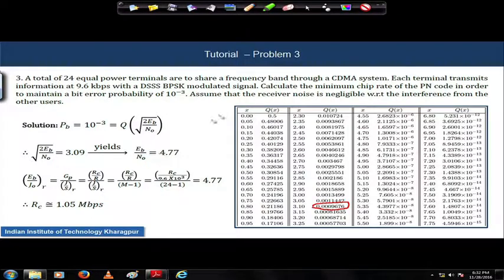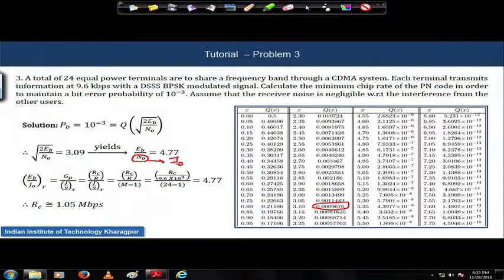Now actually receiver noise is negligible, so since that is negligible, the only mitigating factor over here is the interference due to other users, which we shall denote as J0, where J in a sense is for jamming, but this is more of unintentional jamming, just like in the previous problem.